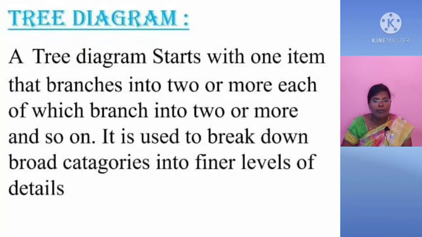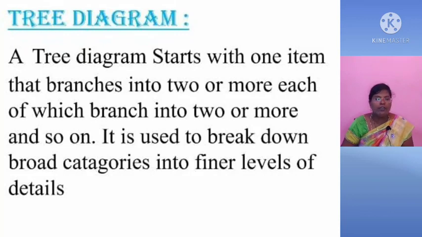It is used to break down broad categories into finer levels of detail. If you are getting a large amount of quantities or categories, we divide it into finer or smaller parts for understanding purposes.